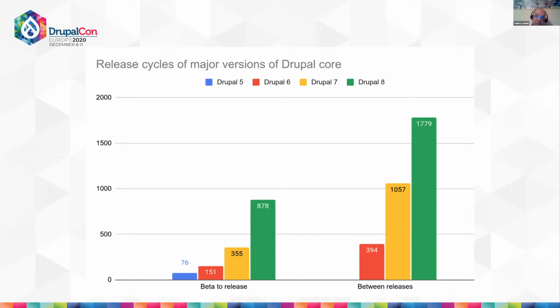the number of days between the first release of one major version of Drupal core and the first release of the next major version. So the red bar is the number of days since the release of Drupal 5.0 until the first release of Drupal 6.0.